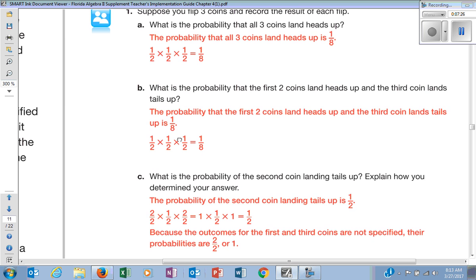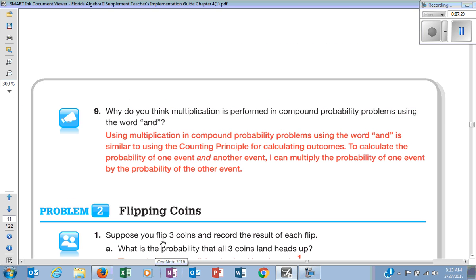Alright, so you flip 3 coins and record the results of each flip. What's the probability that all 3 coins land heads up? How do we find the compound probability? The probability of the first event, probability of second, probability of third, multiply them all together. What's the probability of the first one landing heads up? 1 half. We write it as a fraction, 1 out of 2, right?